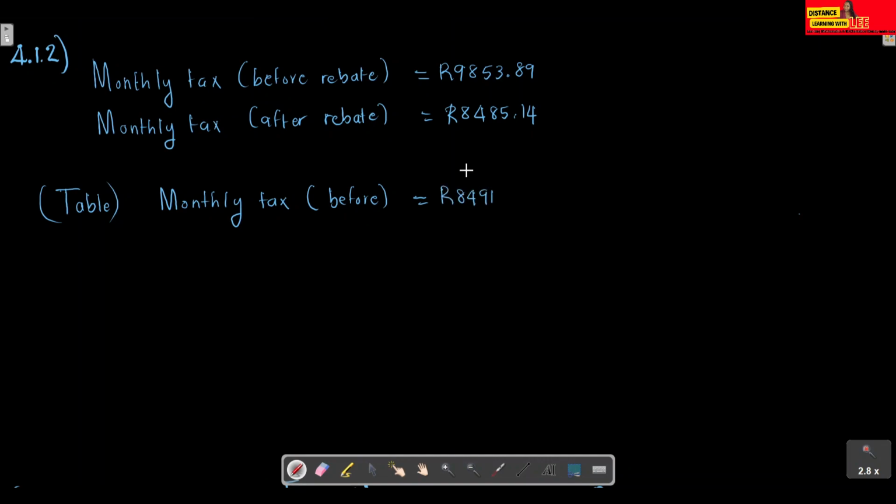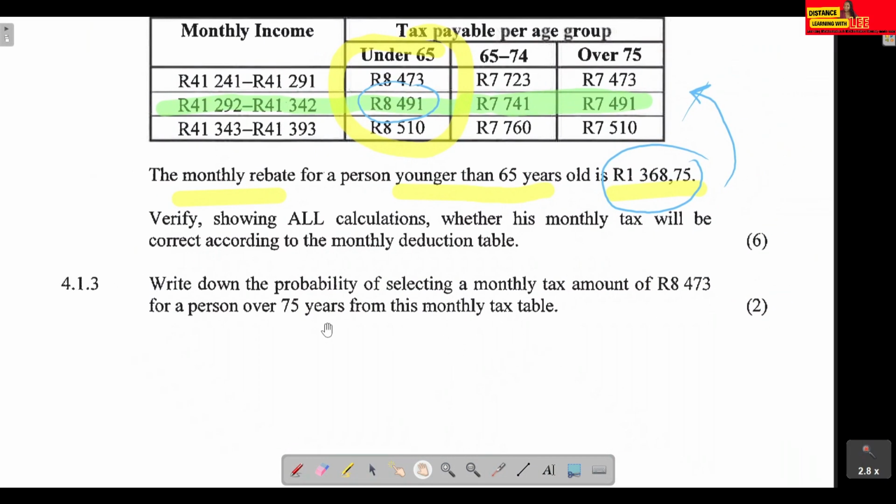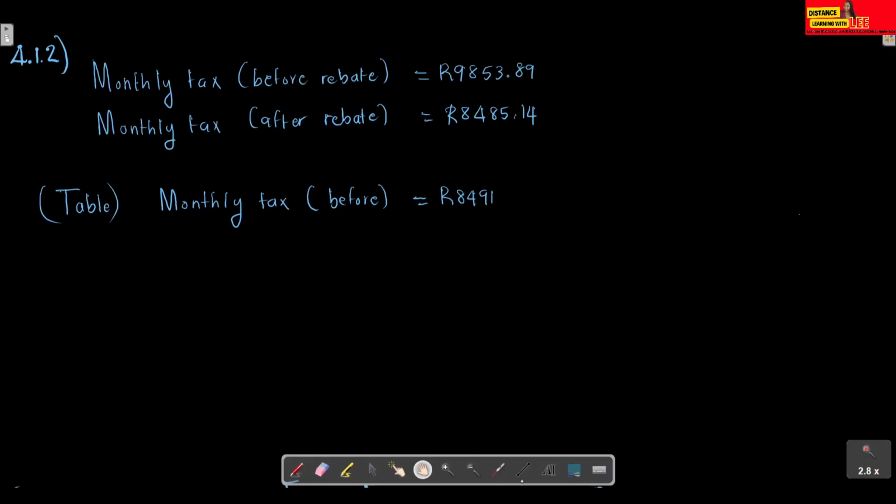And we found that to be 8,491. Okay, so now we want to conclude. We want to verify, showing all calculations, whether his monthly tax will be correct according to the monthly deduction table. So according to the monthly deduction table, his monthly tax before the rebate is 8,491. According to the taxation formula, the monthly tax before the rebate is 9,853 rand and 89 cents.